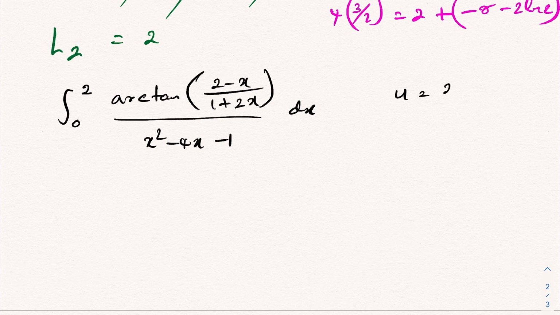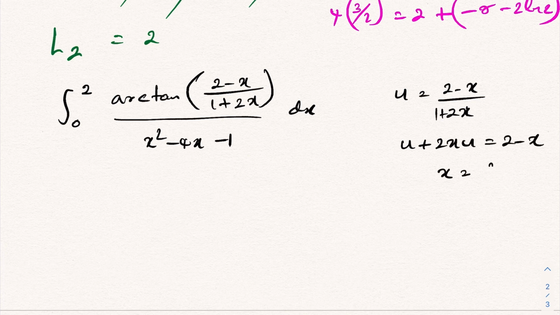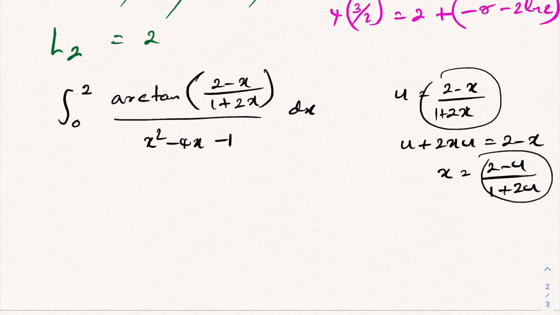u is equal to (2 minus x) over (1 plus 2 times x). So if we simplify, u plus 2xu is equal to 2 minus x, and if you isolate the x we have (2 minus u) over (1 plus 2 times u). So here is the same type of function, the same type of substitution.